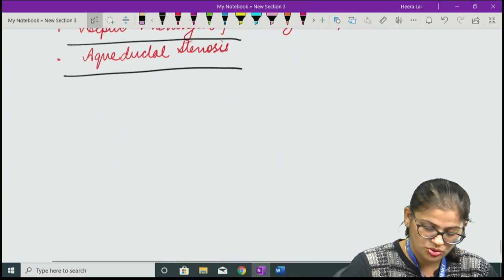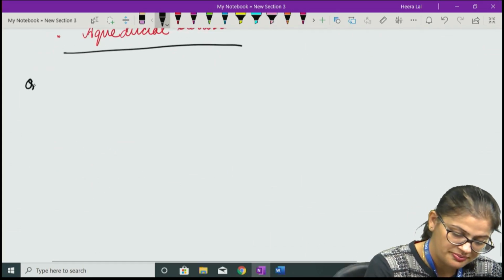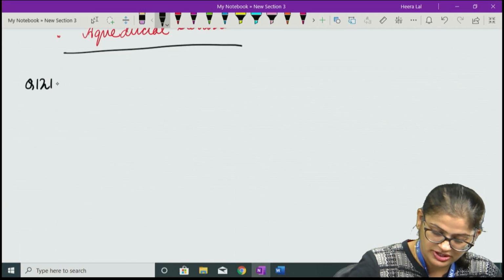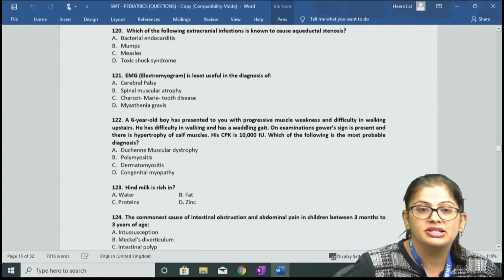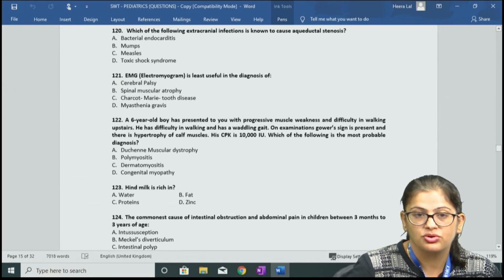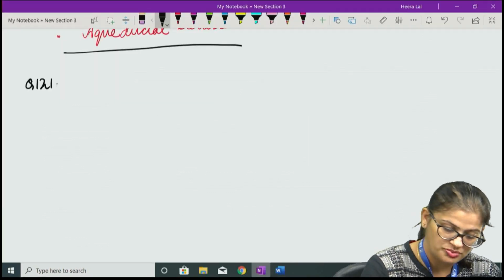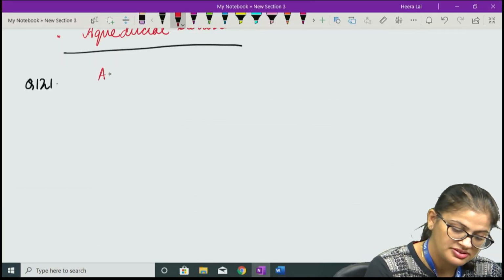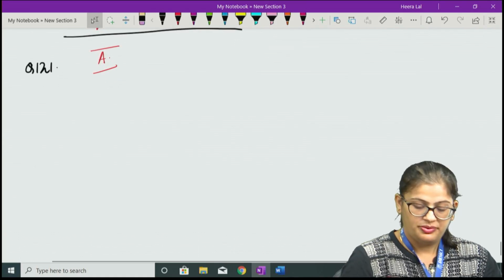So, next we come on to question number 121, and question number 121 was, EMG is least useful in the diagnosis of, and the correct answer is option number A, that is cerebral palsy.